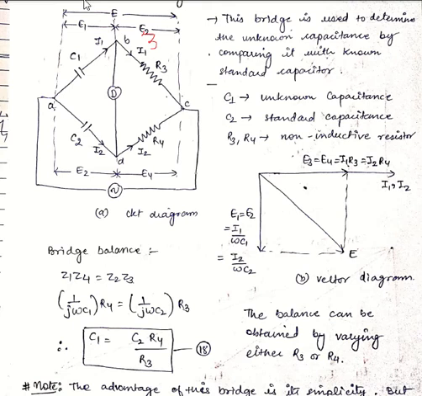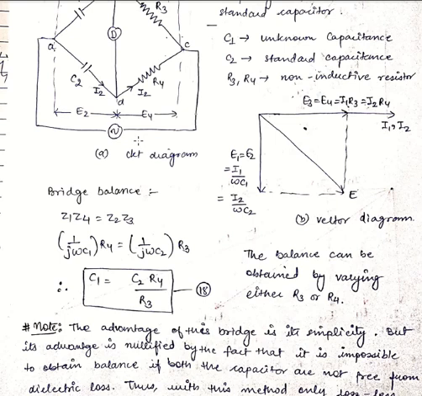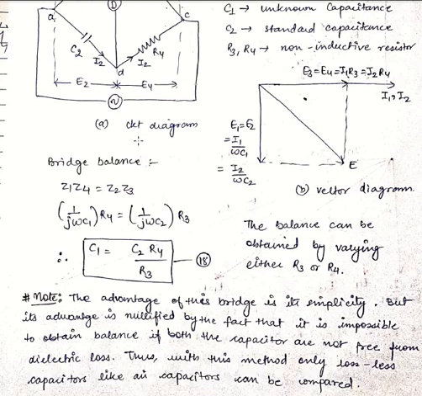In this case both C1 and C2 have to be lossless. If any one of them has some dielectric losses, we'll need to modify this de Sauty bridge.